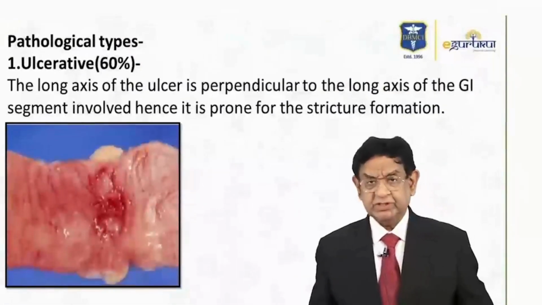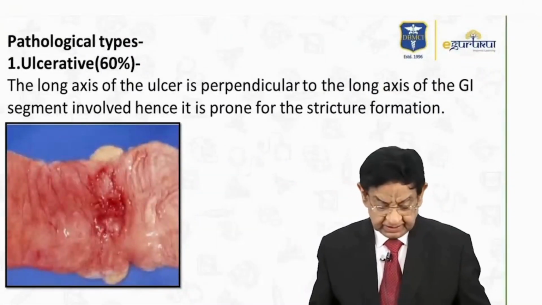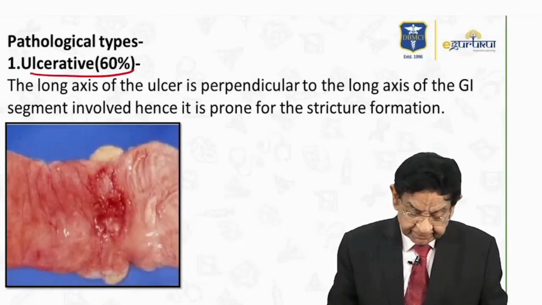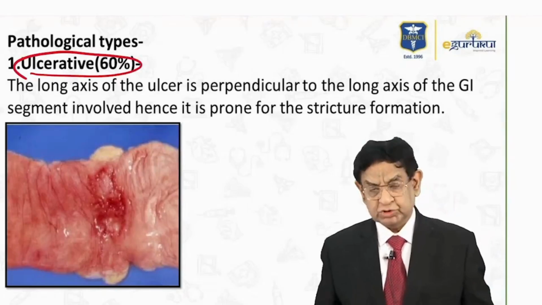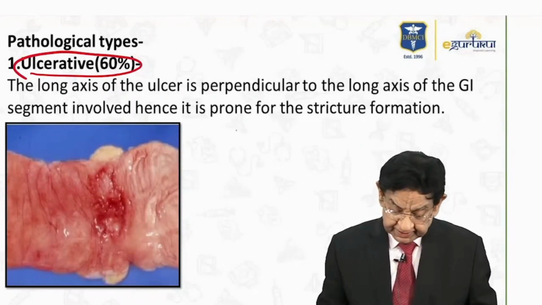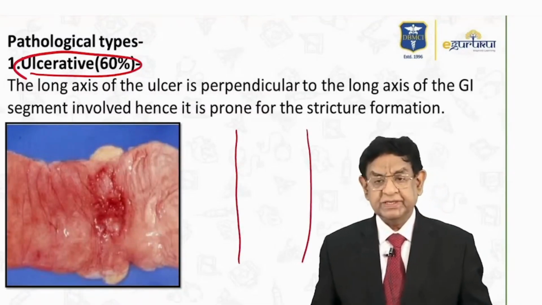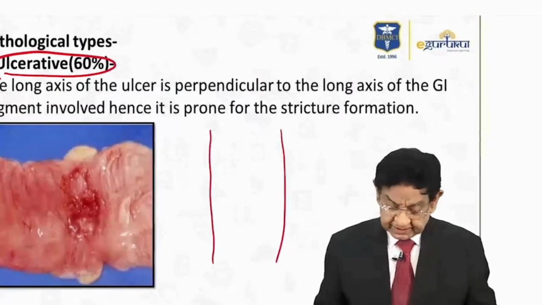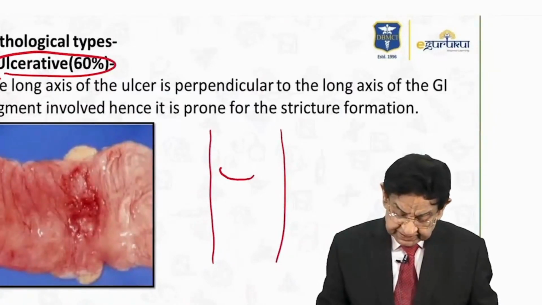Now what type of pathology are we going to get? One is the ulcerative type. This is the most common. So here is the small intestine. The ulcer formed is in a circle.